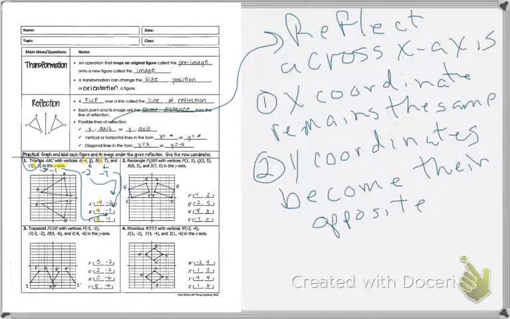Exactly the opposite. And that's it. That's all that happens with the reflection. So you plot the originals, the pre-image, and then you change and you plot the second one. Notice how the notation is always with a small little quotation mark.